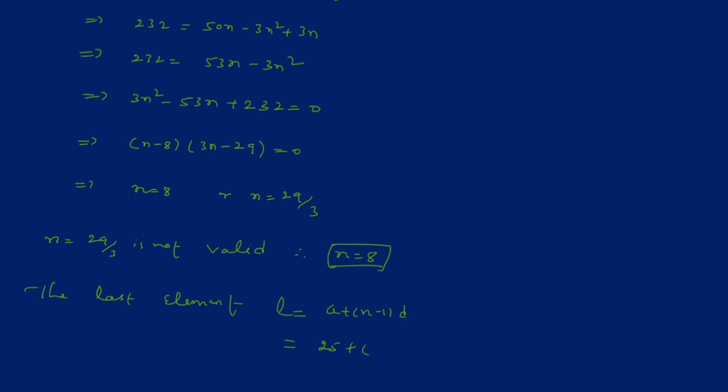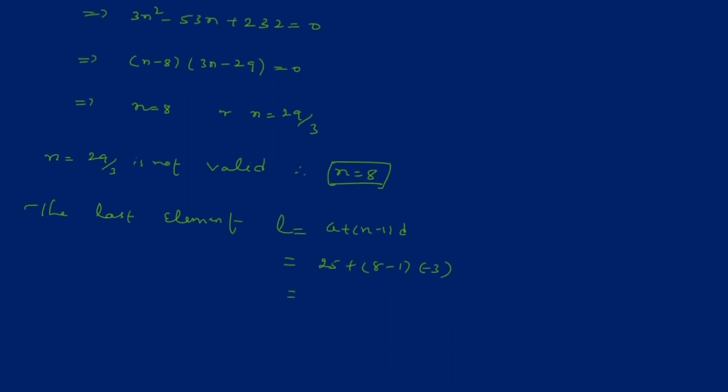Now we know value of n is 8 minus 1, value of d is minus 3, which is equals to 25 minus, 8 minus 1 is 7, plus into minus minus 7 3s are 21, right? 25 minus 21. Therefore value of L is 4.